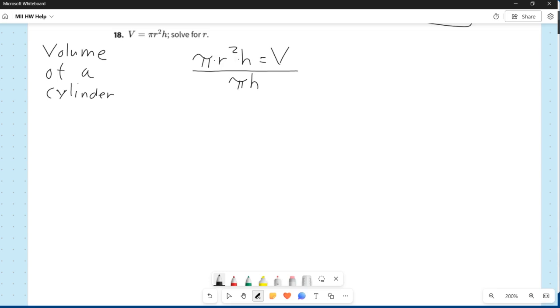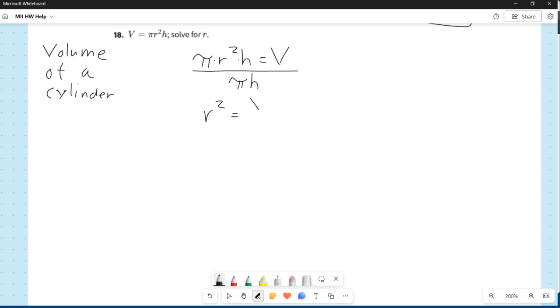Because everything's multiplication, to undo that, we just do a division involving what we want to get rid of. So both the pi and the h on the left go away, which means we're left with just r squared equals v divided by pi h.